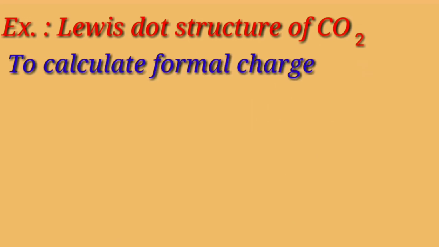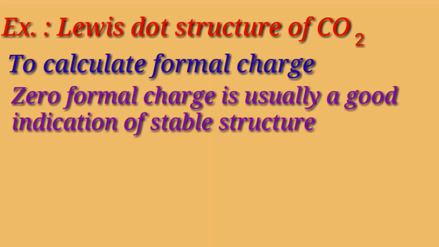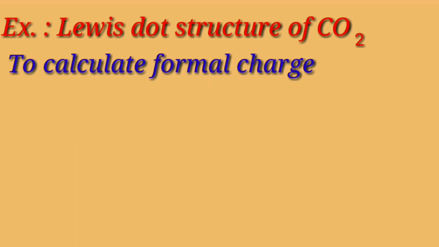And finally, we need to calculate formal charge. Remember, zero formal charge is usually a good indication of a stable or a correct structure. So let us calculate the formal charge of carbon. We know the formula. Formal charge is equal to number of valence electrons minus half of bonding electrons plus non-bonding electrons.